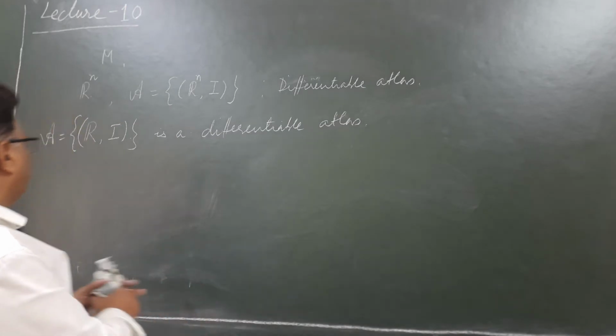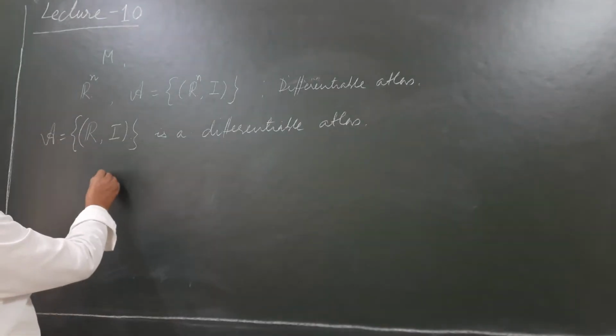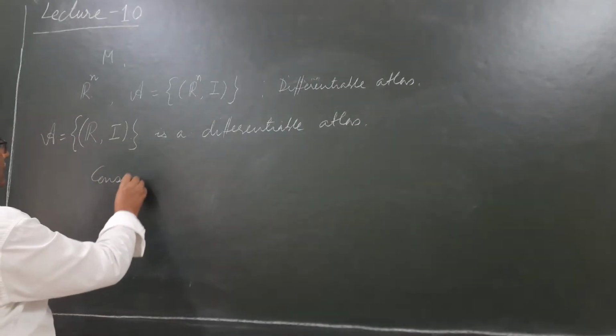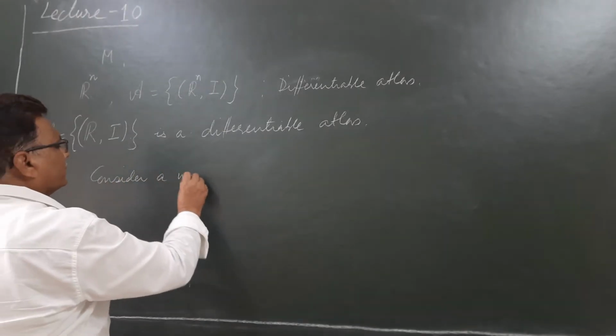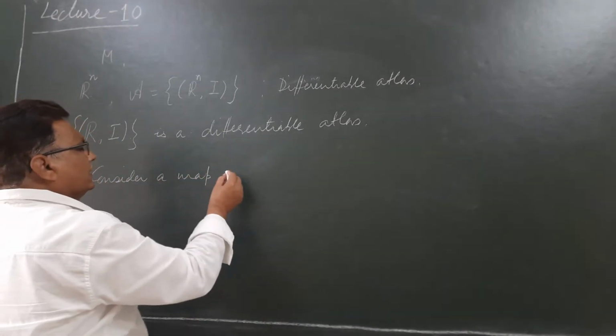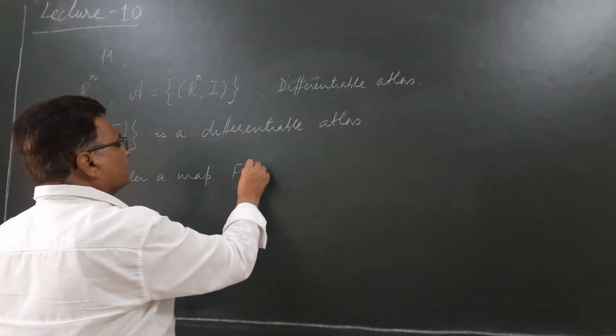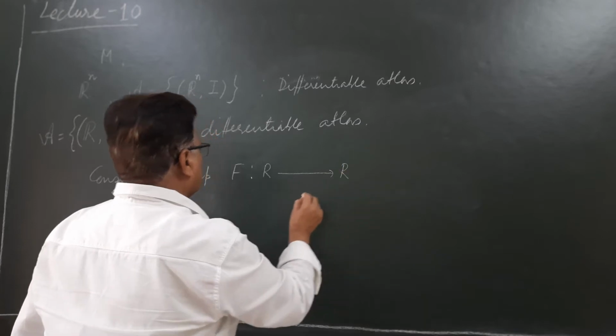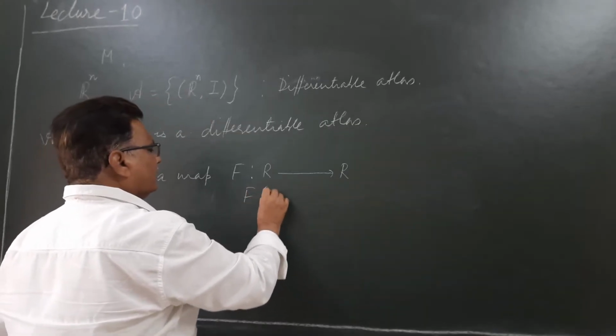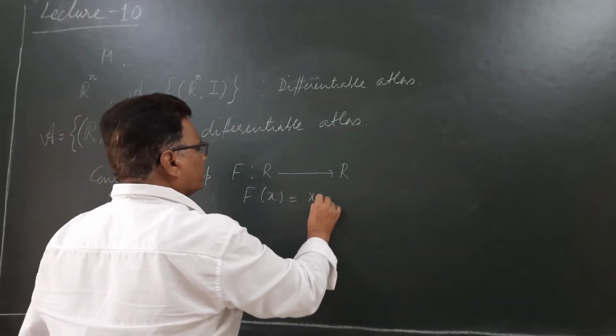So, over here if I look at another atlas, consider a map F from R to R given by F(x) equal to x cube.